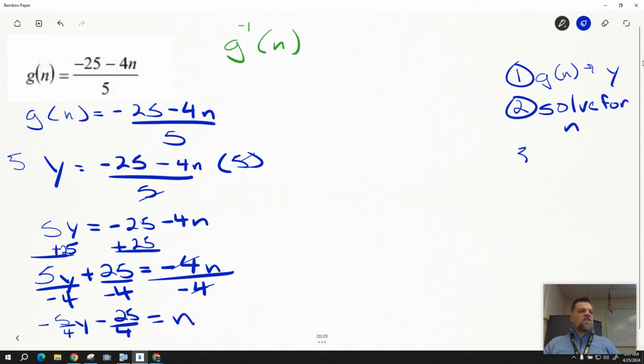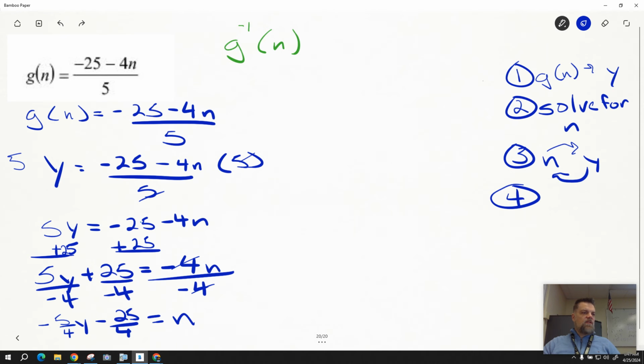So then the next step would be wherever there's an n, I'm going to put a y. Wherever there's a y, I'm going to put an n. So then after I do that, let me write that down, but I ran out of space, I think.